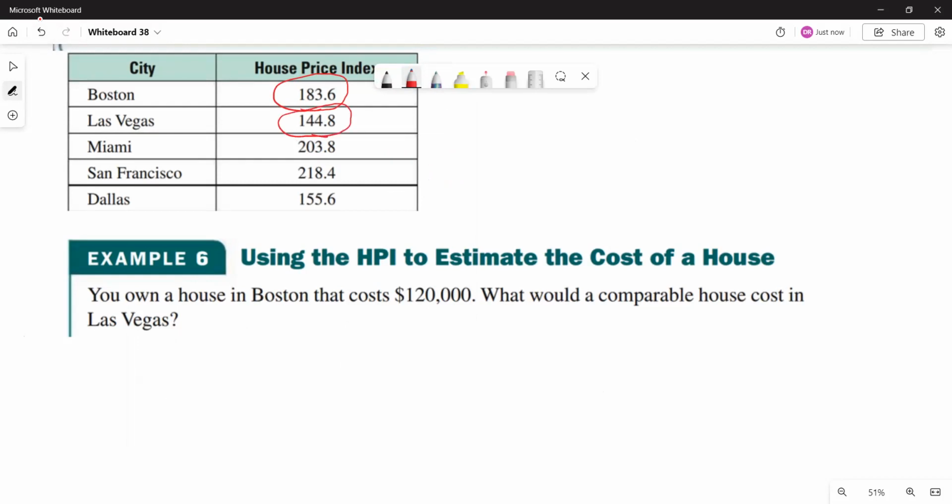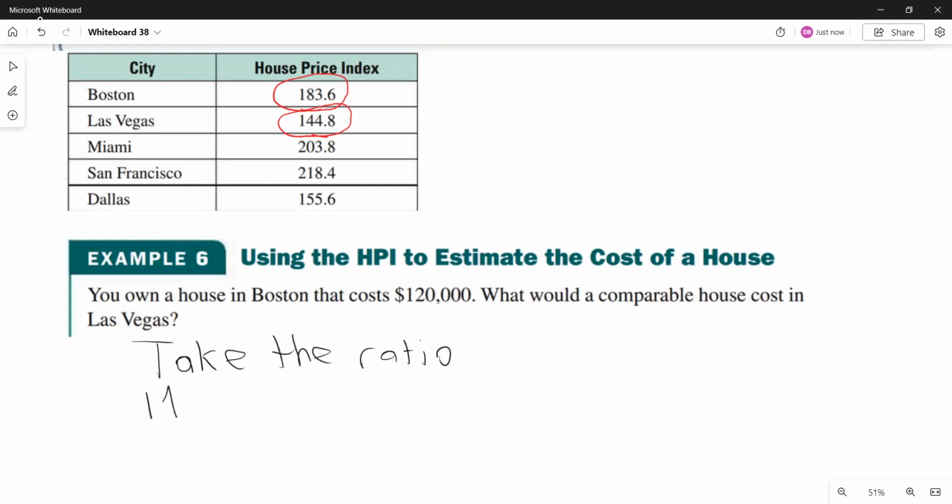We're also going to take the ratio. 144.8 over 183.6, and I'm taking it like that because the cost is going to be less in Las Vegas, and that's approximately 0.79.